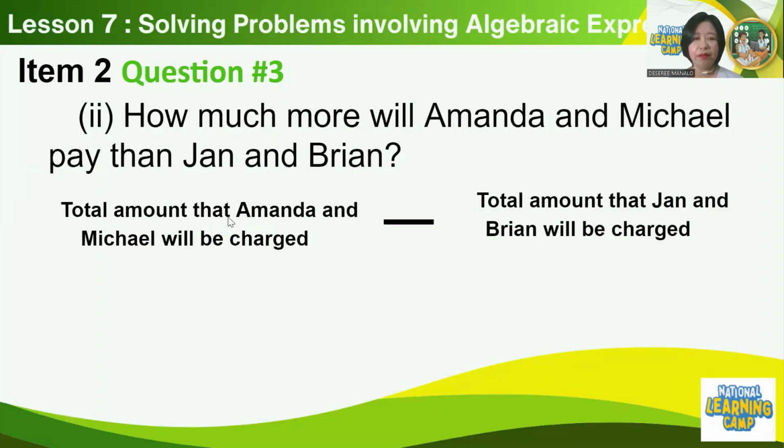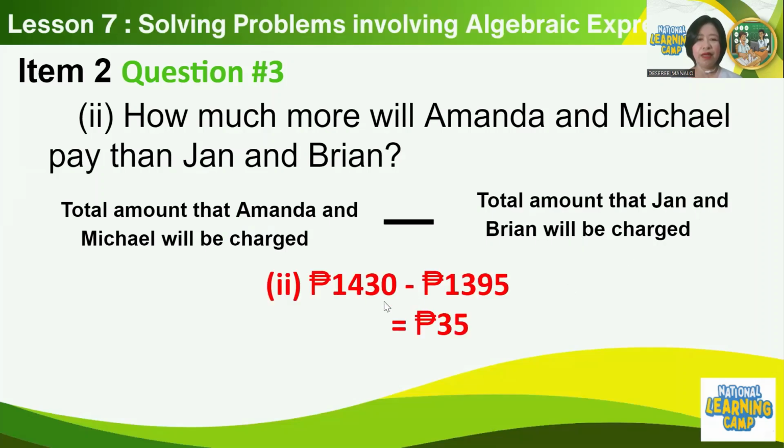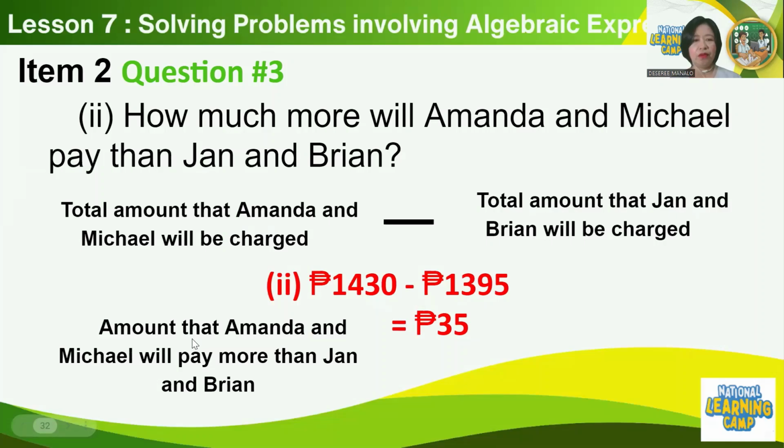So total amount that Amanda and Michael will be charged minus total amount that John and Brian will be charged. So 1,430 for Amanda and Michael. For John and Brian, 1,395. And then subtract it. So we have 35 pesos. So this is the amount that Amanda and Michael will pay more than John and Brian.